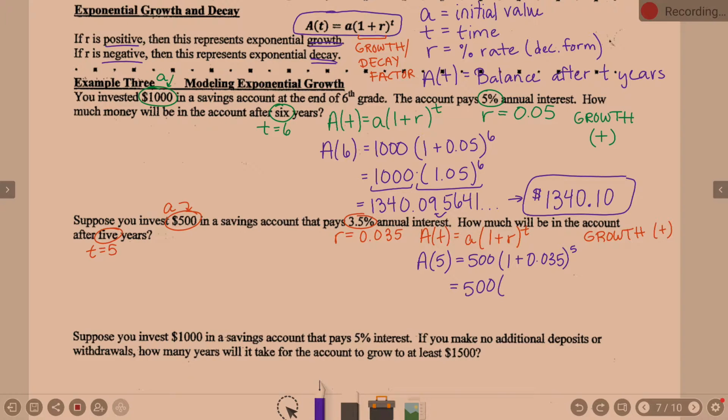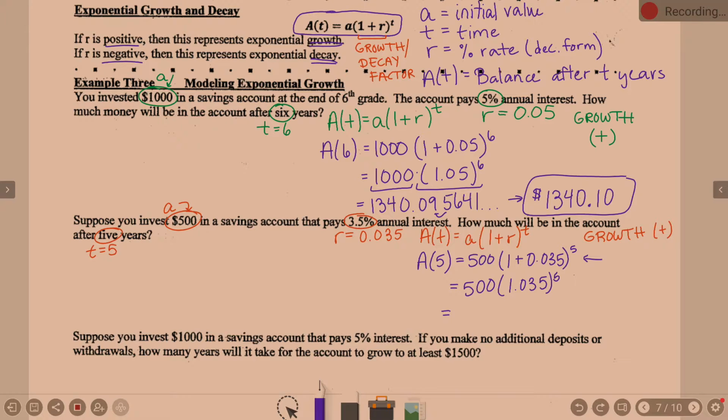So 500 times 1.035 to the 5th. Now, if you didn't try it out last time, you know you can enter this all on your calculator at once, yes? Okay, that honestly is my recommendation once you get comfortable with the calculator. Did you know you could enter that all on your calculator right there?